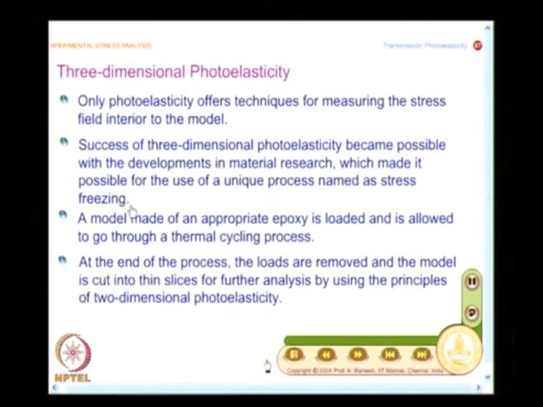We will also see an analogy for why we call it stress freezing. So, what you find is the model goes through a thermal cycling process with the loads applied, and at the end of the process the loads are removed and the model is carefully cut into thin slices.